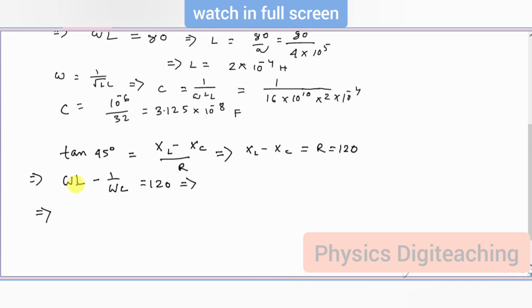If we substitute the value of L 2 into 10 to the power minus 4 Henry and capacitance we have already calculated 3.125 into 10 to the power minus 8, then from this equation we can easily calculate omega equal to 8 into 10 to the power 5 radian per second.